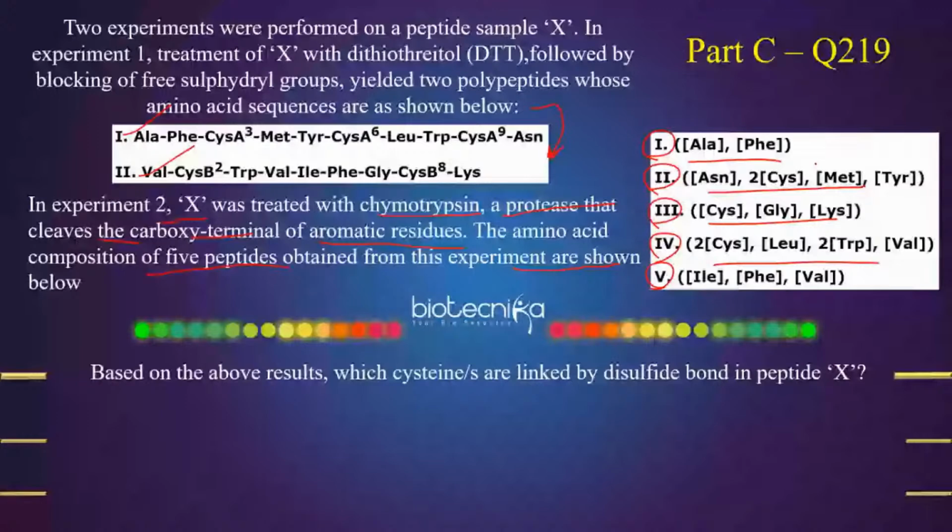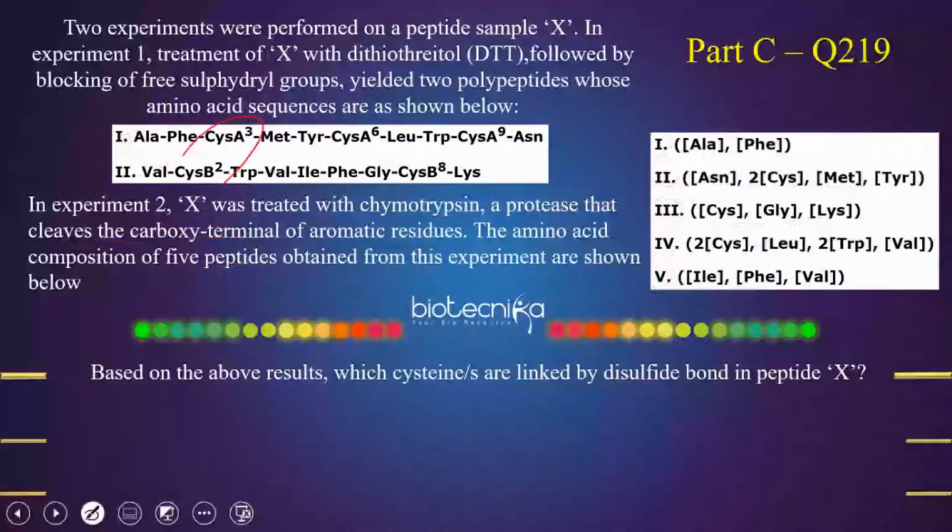So based on the above results, you have to find out, in this entire protein, totally you had 5 cysteines. They asked how the cysteines are linked based on these two separate experiments. Again I'm telling you, experiment 2 was only done on the intact protein.